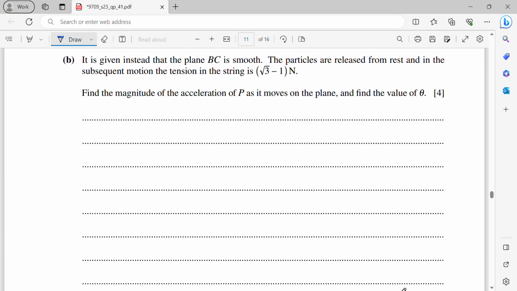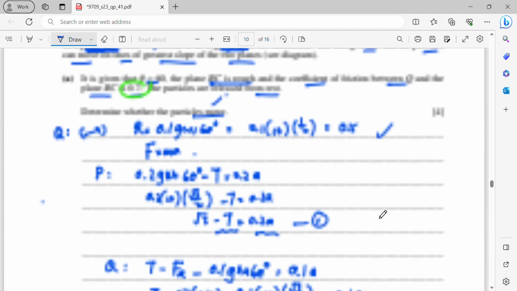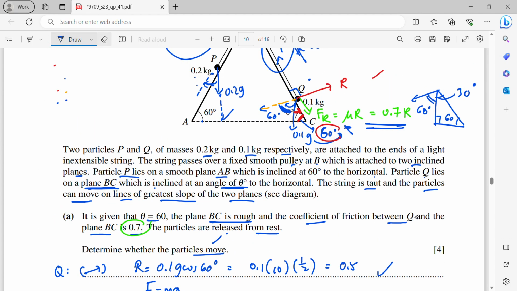Now, B. It is given instead that the plane BC is smooth. The particles are released from rest, and in the subsequent motion, the tension in the spring is this value. Find the magnitude of the acceleration of P, and the value of theta. Now, BC being smooth means that we have to eliminate the FR.